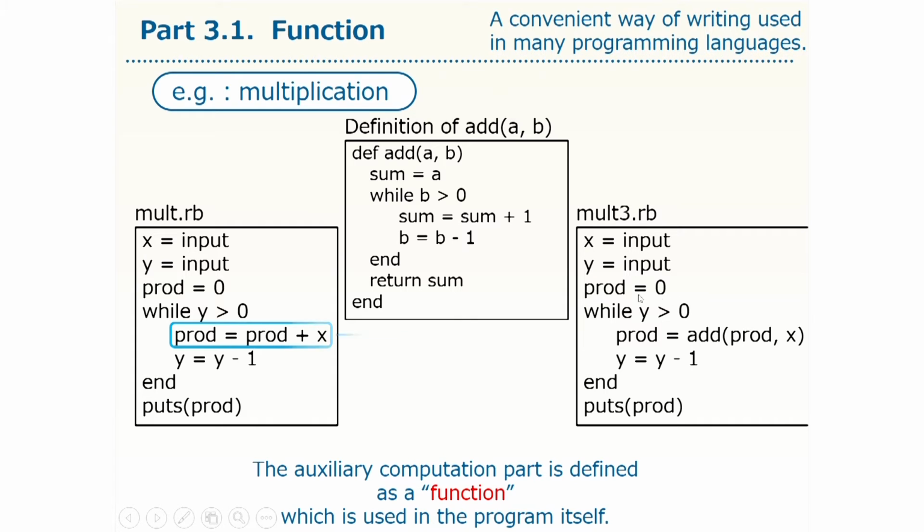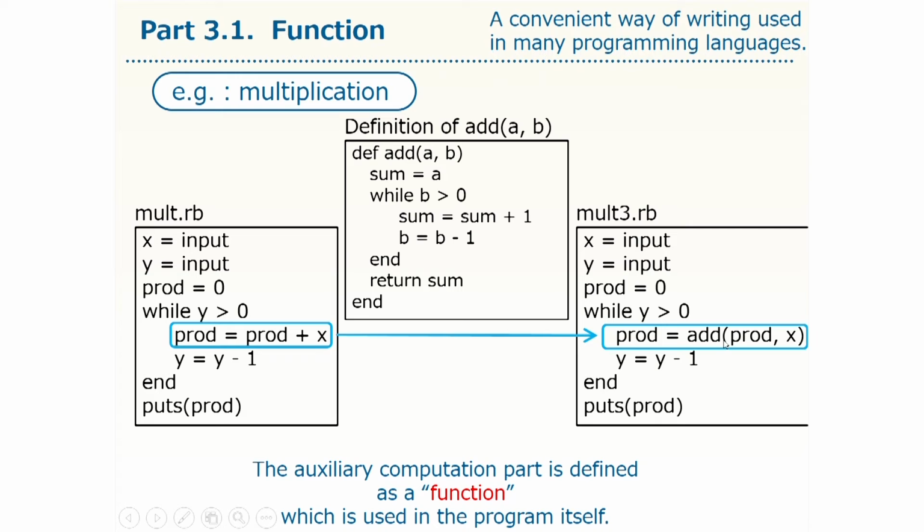Specifically speaking, this blue area where we were just doing addition can be rewritten in one line like this. This statement orders the computer to compute prod plus x using the function add and then store it to prod. In this way, the part with auxiliary computation is defined as a function, and once the function is defined, we can write the value of prod plus x as add(prod, x), just like a mathematical function.